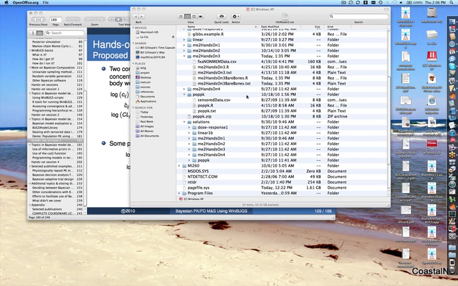And actually, we're going to open it in a spreadsheet here, but under the hood, it's actually a comma delimited ASCII data file.